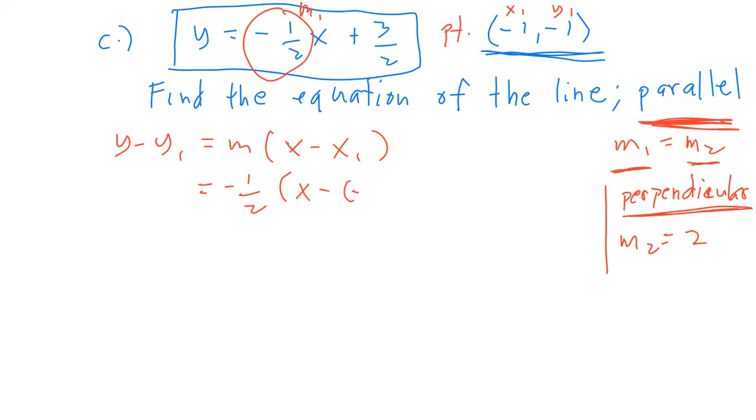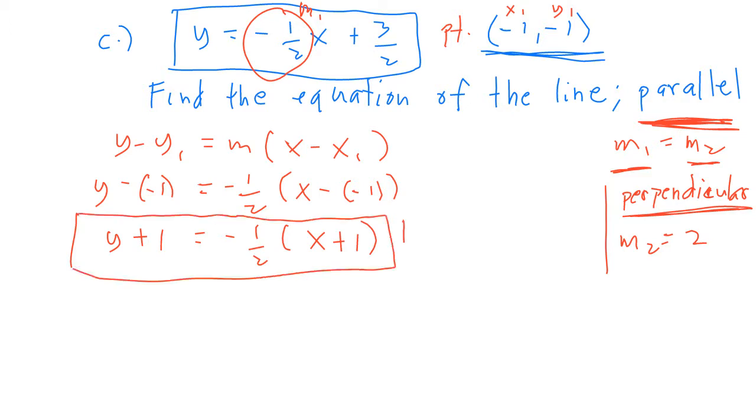And then our x1 is negative 1, and then our y1, it's a negative 1 also. So our equation is y plus 1 is equal to negative 1/2 x plus 1. So this is in point slope form.